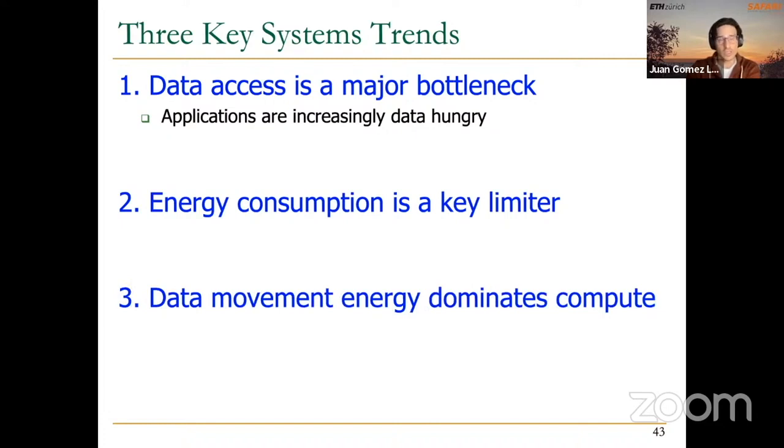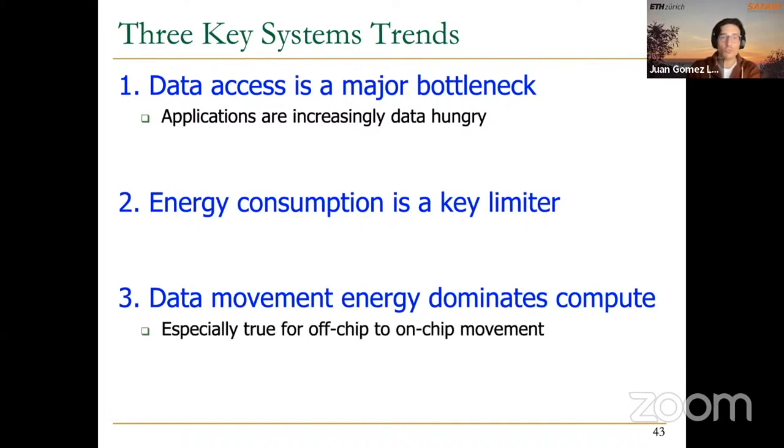And you will see that data movement energy dominates compute. This is especially true for off-chip to on-chip data movement. Whether it comes from the storage or from the external main memory to the processor, it is going to be very expensive in terms of energy and in terms of execution cycles.